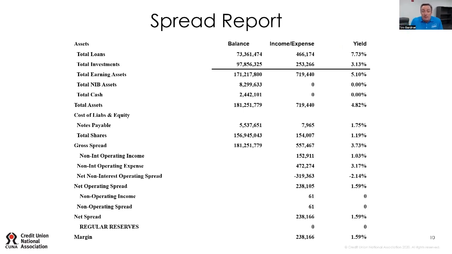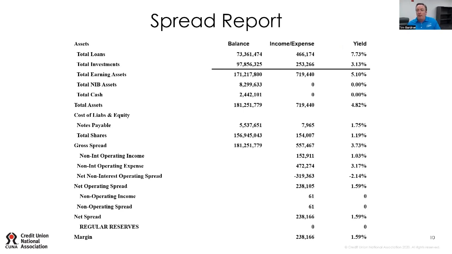So we can see, well, what generates the most money for us at the credit union? Is it loans? Is it investments? How much is it? As you can see in this example up here on the screen, look at the yield on the loans compared to the yield on investments. It's a lot more money, but which one's bigger, the loan portfolio or the investment portfolio?